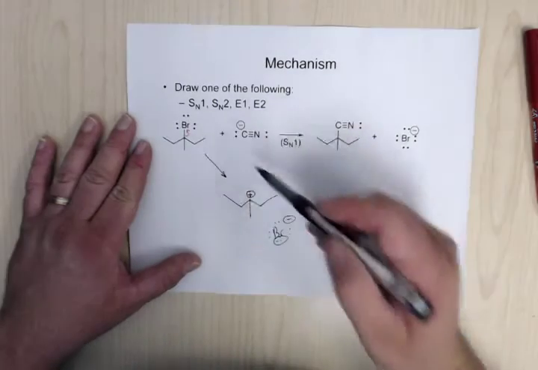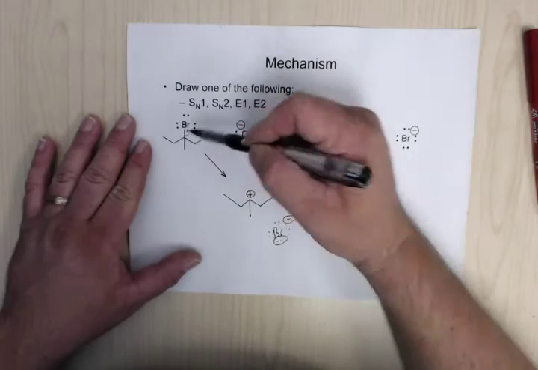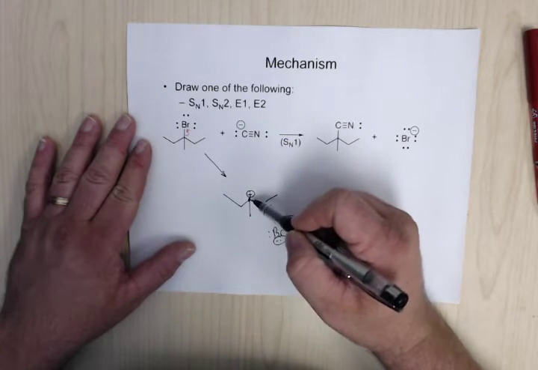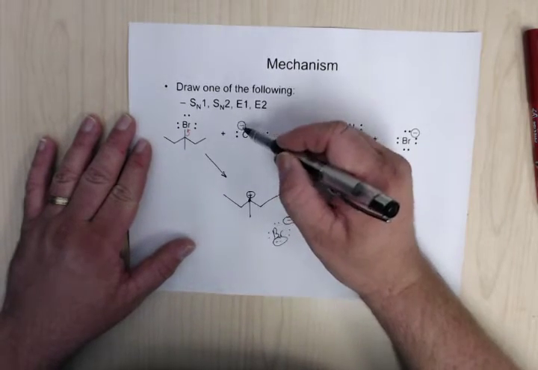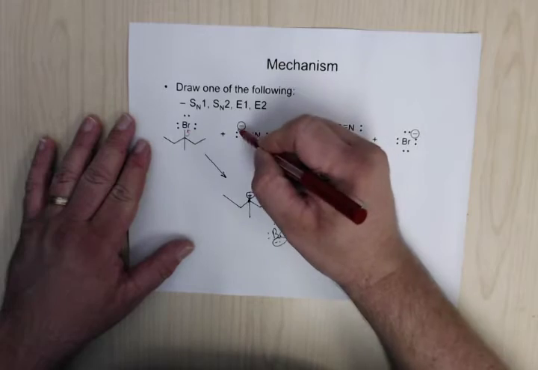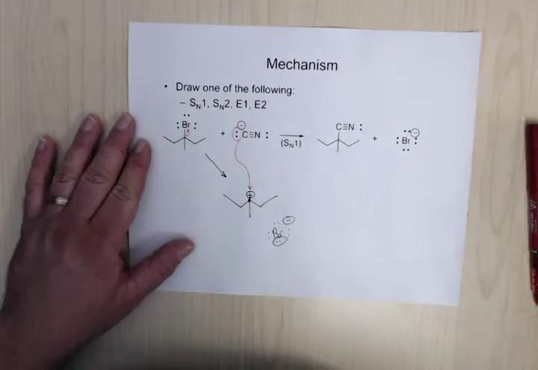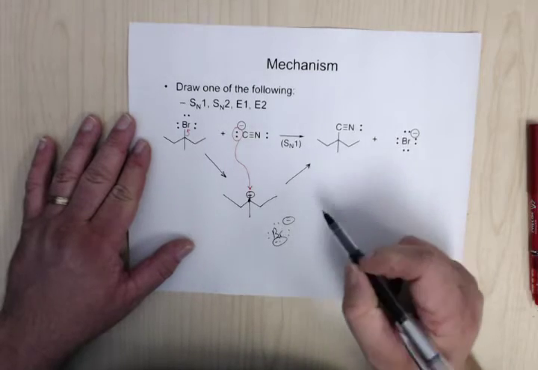So it has three, now it has four. That's where these two are. So for now, this carbon here only has three bonds, so it has a plus charge. And then next, this negative charge is going to be attracted to the positive right there. And you're going to end up like that.